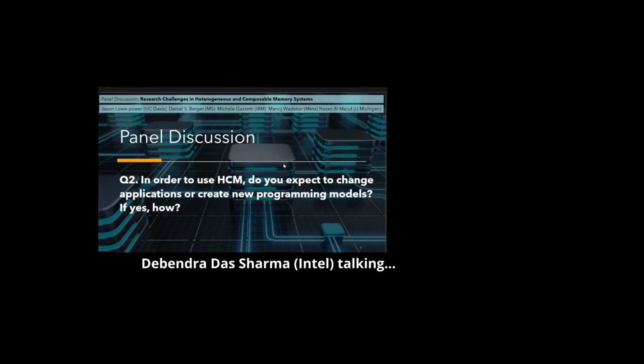It can deal with different latencies, and it can give the right hints in order to manage them. And I think it was Daniel who mentioned that we also need some help from the hardware side to identify which are the hot pages and which are the cold pages, and we are working on those kinds of things. So all of these things will be coming together to make it more and more useful for the vast majority of folks, right? The good news is that the hardware is already out there. People are already experimenting with it, and fine tuning will happen to enable all of those different types of usages going forward.